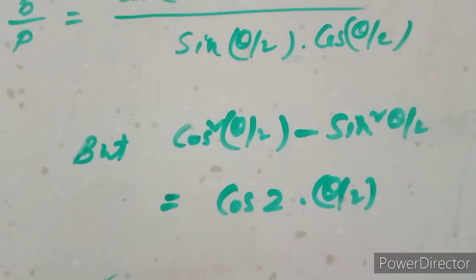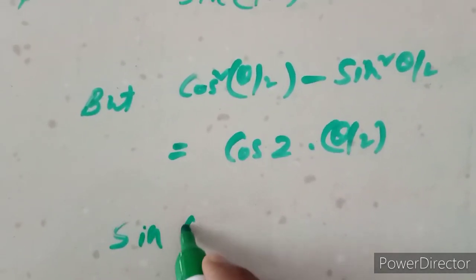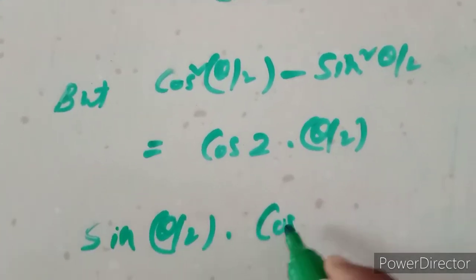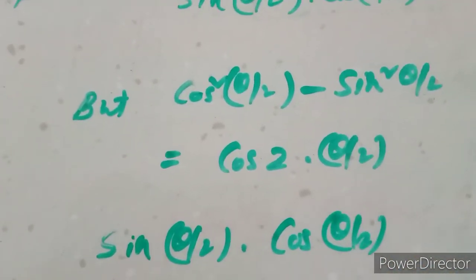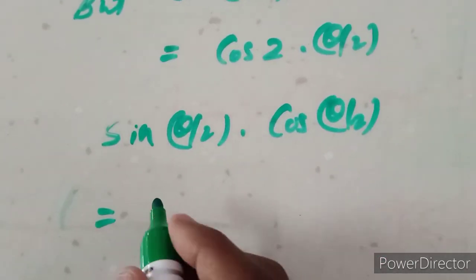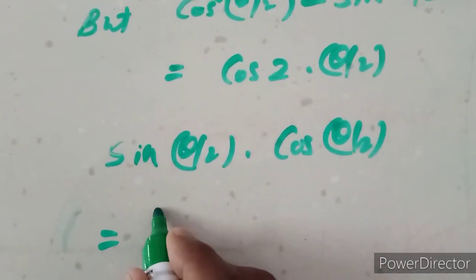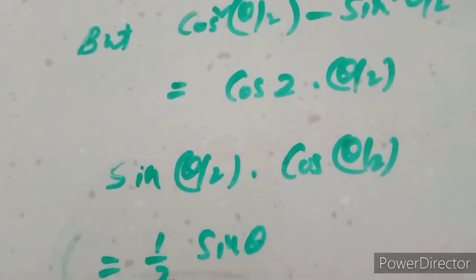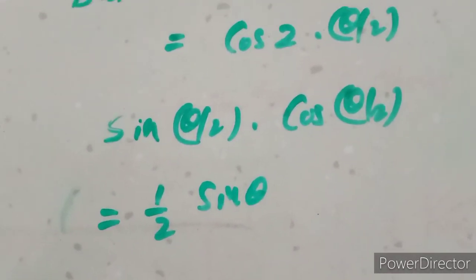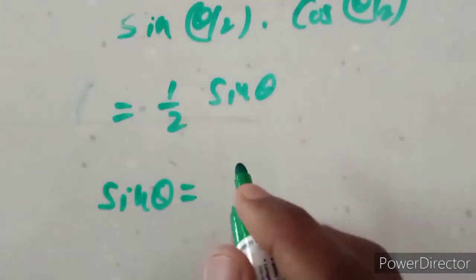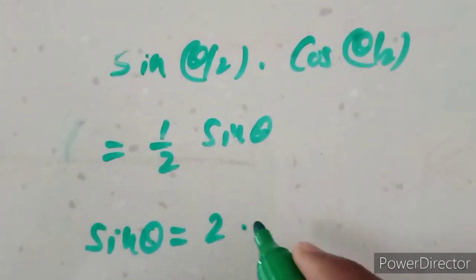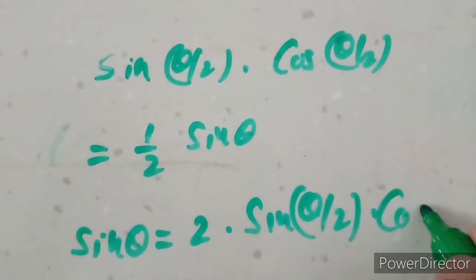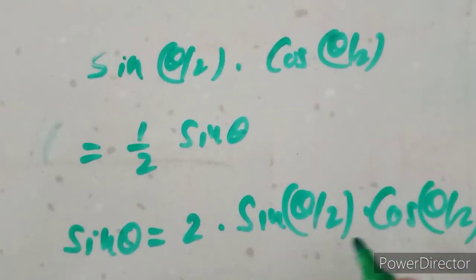Similarly, sin theta upon 2 cos theta upon 2 equals half of sin theta, because sin theta equals 2 sin theta upon 2 cos theta upon 2.